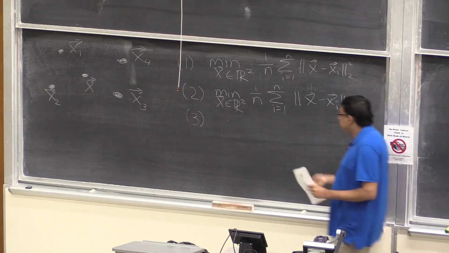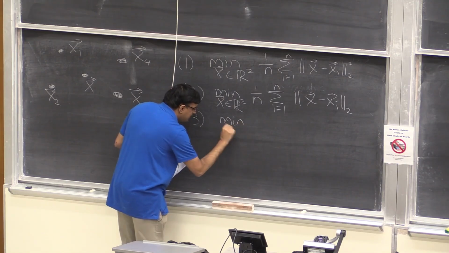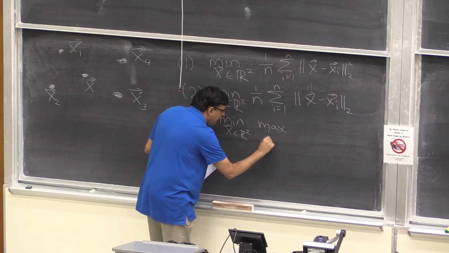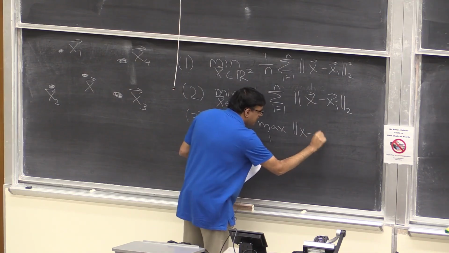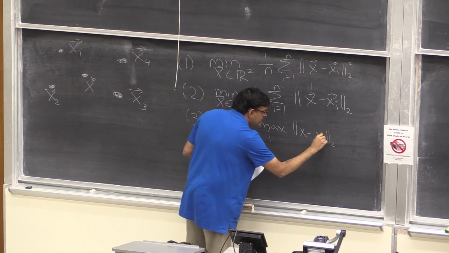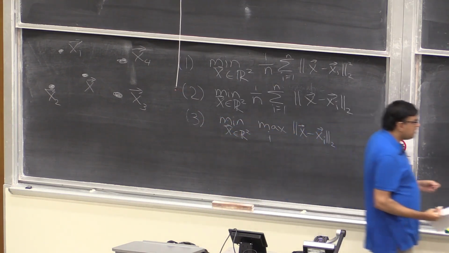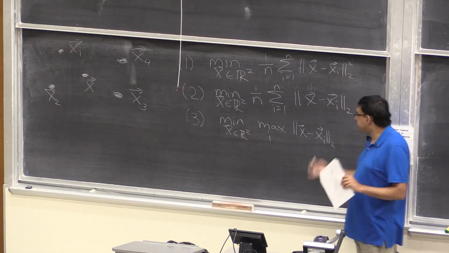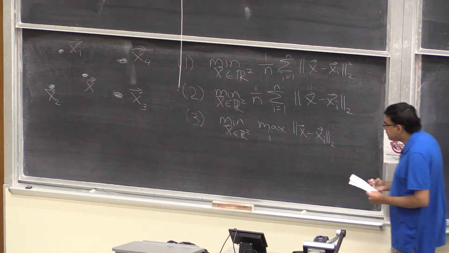So this could be min over x in R2, max over i going from 1 through n, of the 2 norm of x minus xi. Okay? So not only is this function not quadratic or linear, it's not even differentiable. Because this max makes non-differentiability at the part where there are two equidistant truck stops, for example. Cool.